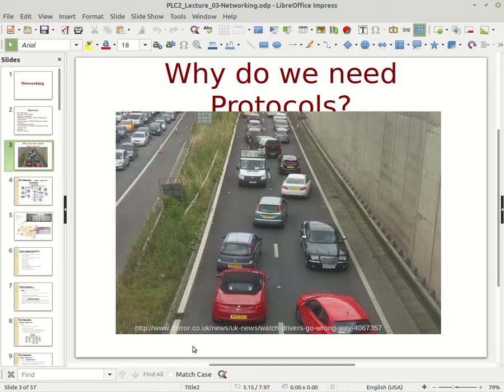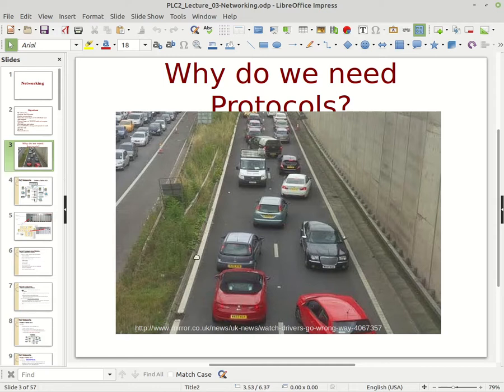So what do we need protocols for? Well, if you look at this picture here I found on the internet, we know that you're supposed to be driving down the road on the correct side of the highway, whether that's on the right side in the United States or on the left side in England.